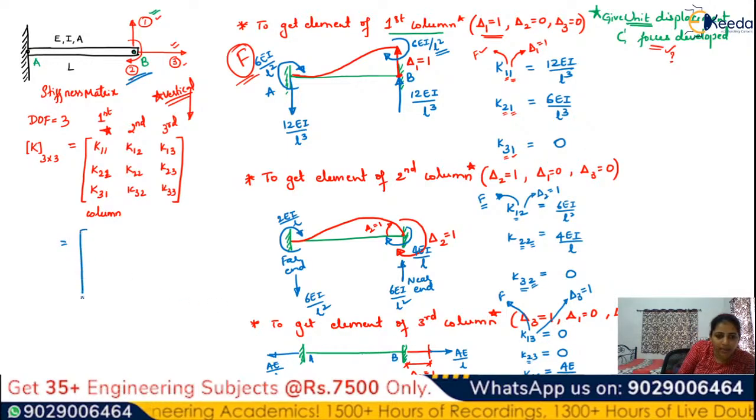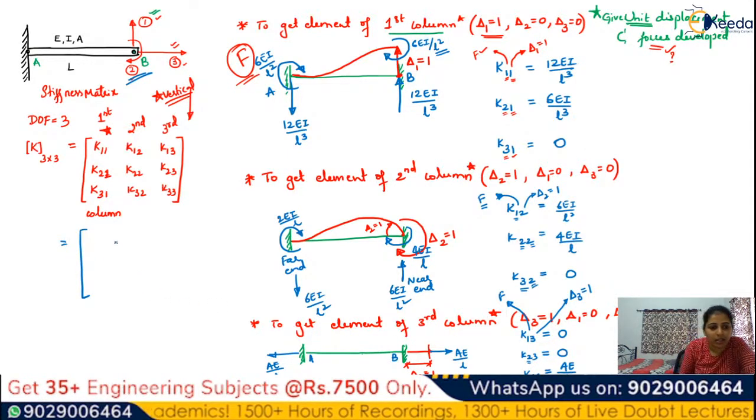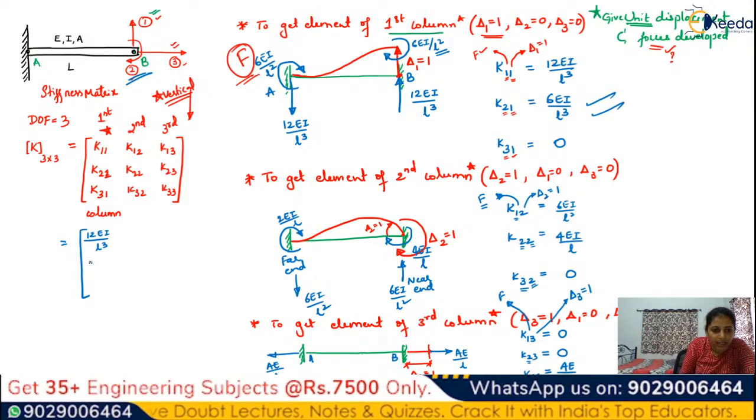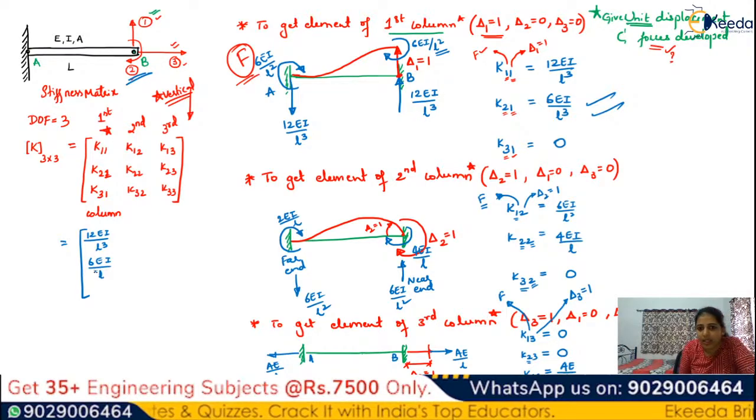So now let us assemble it. So your K11, K21, K31, write it in vertical way. So 12EI by L cube, here we have these values, right? Then 6EI by L square, this is L square. So 6EI by L square and 0.